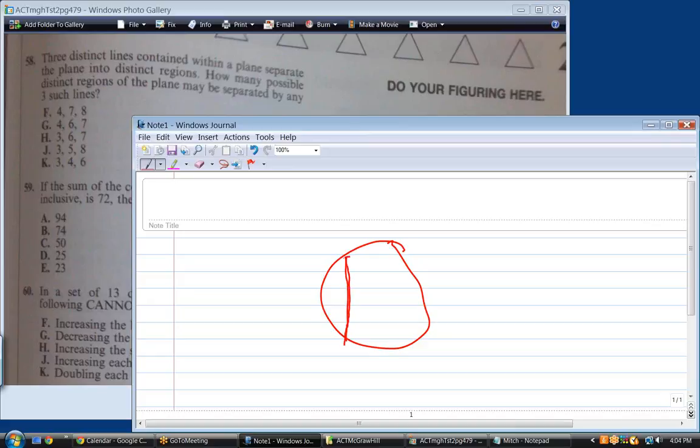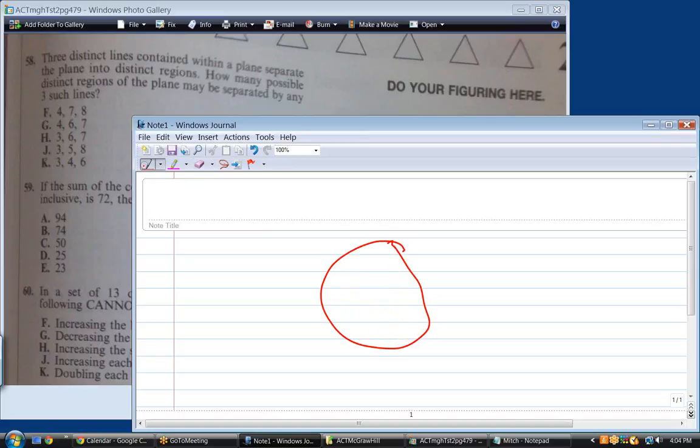That would not be 2 distinct lines. So when it says distinct lines, they have to be slightly different. Yeah, I don't know how to get just 3. That would be tough.